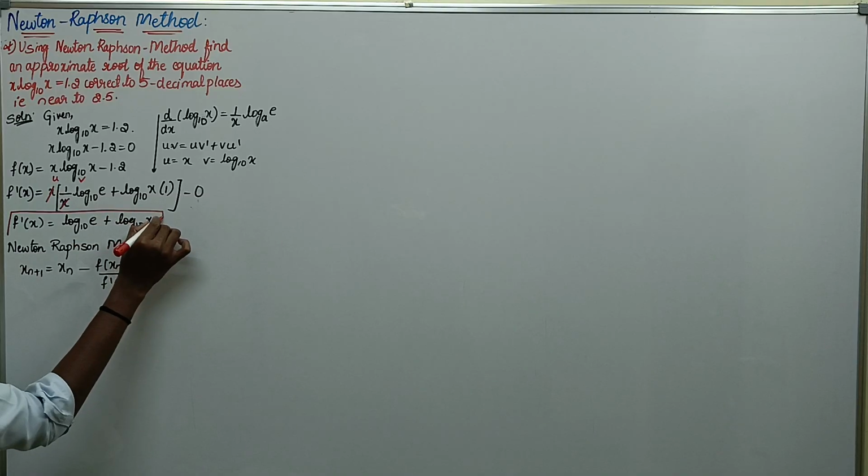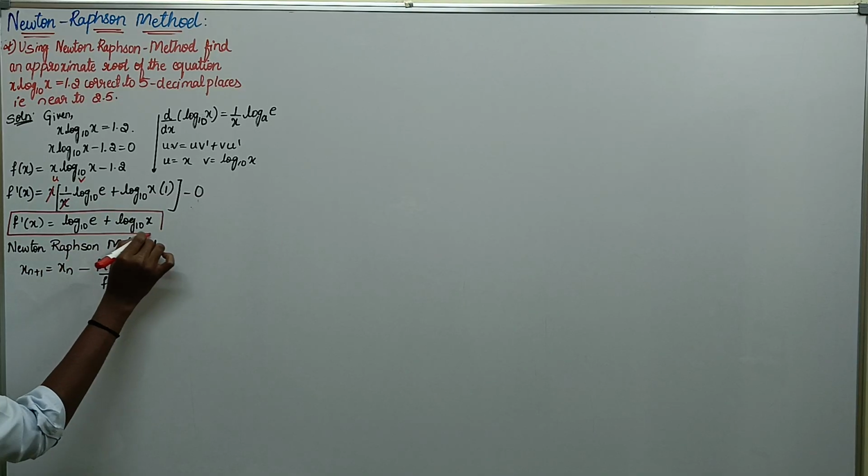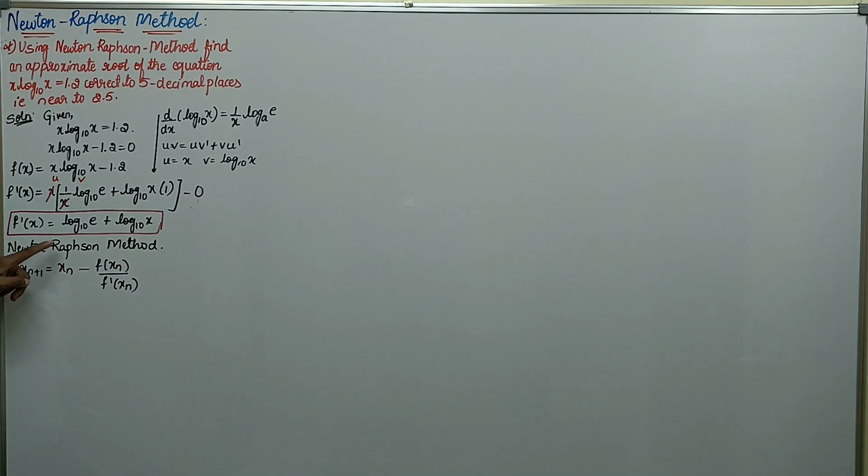So the condition of f dash of x is log base 10 e plus log base 10 x. Got the point? Now considering this, let us represent the initial condition. The nearest value, the initial value x naught, is 2.5.